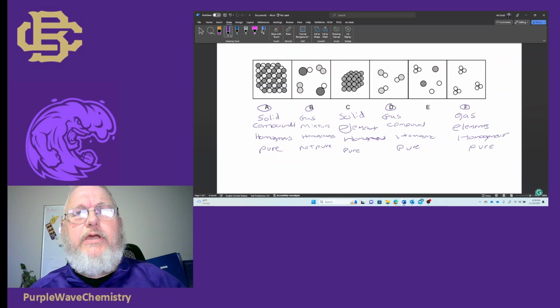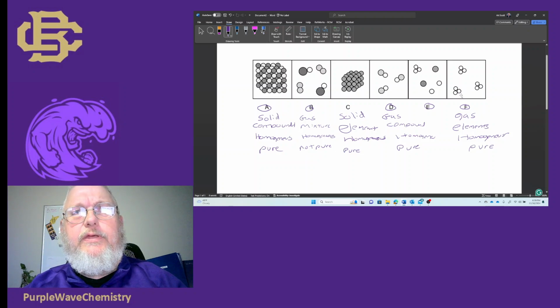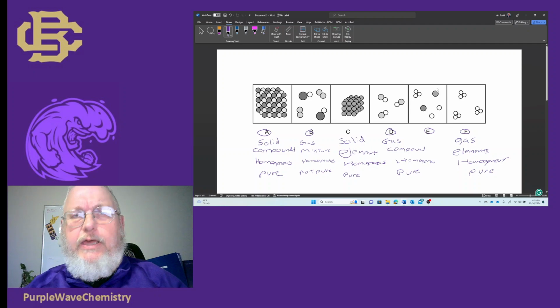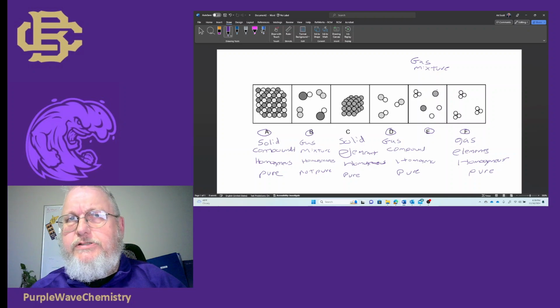All right, let's look at E. Again, what kind of material, solid, liquid, or gas? Well, I think we can all agree now that that's a gas. Is it a compound? No, it's a mixture. Is it homogeneous? Is it the same?